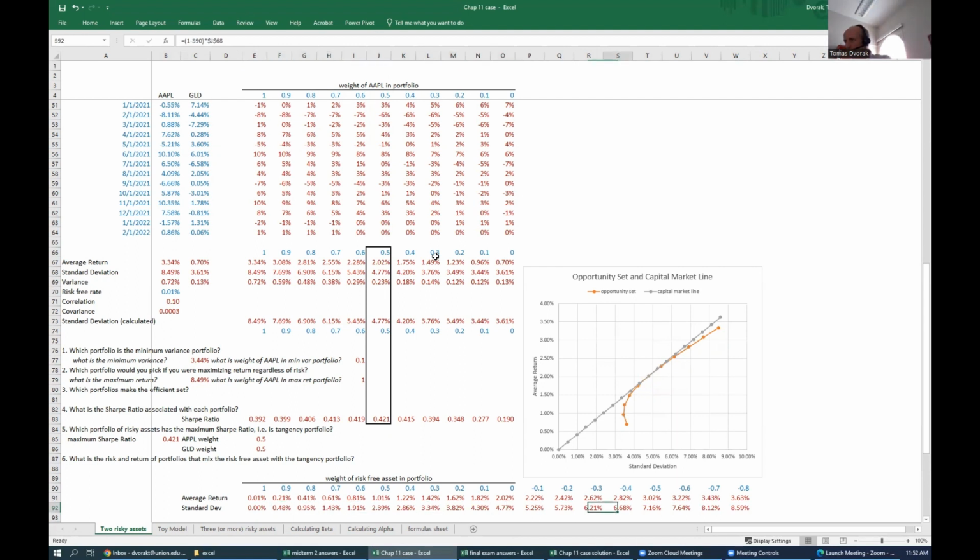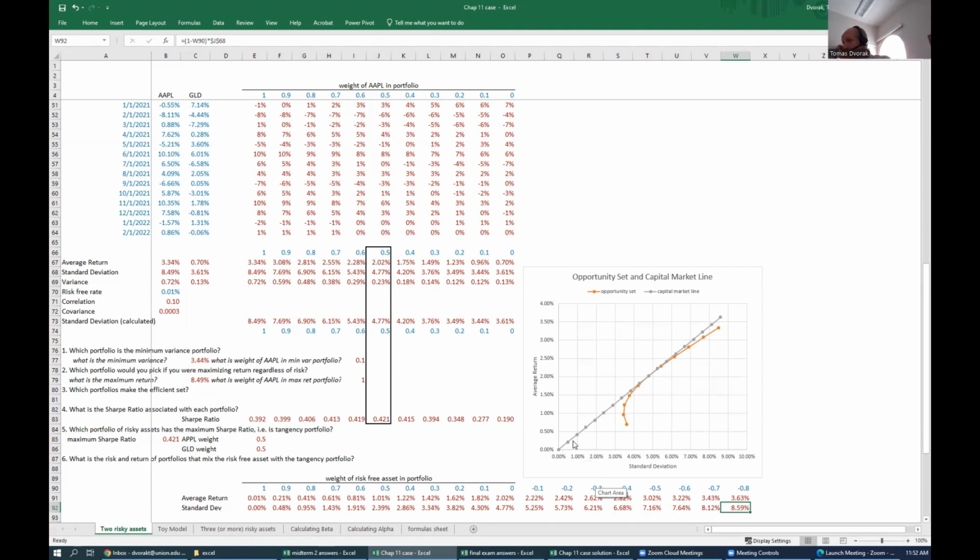And as we get more and more into the risky tangency portfolio, we increase our risk. And it turns out that this combination of risk and return is actually lined up in a straight line.